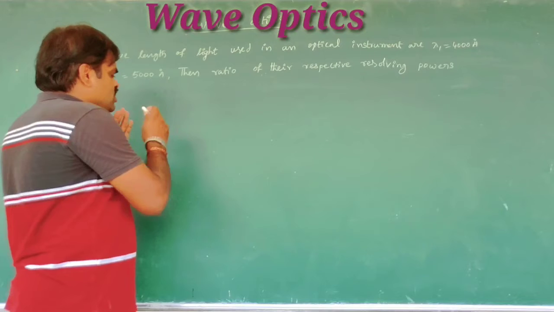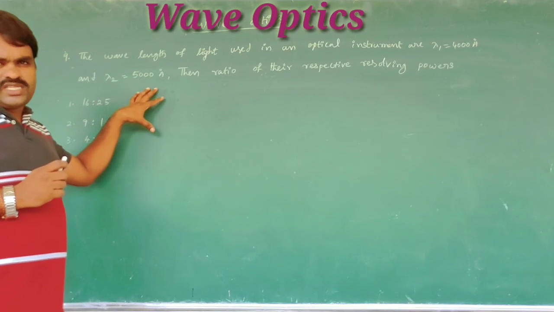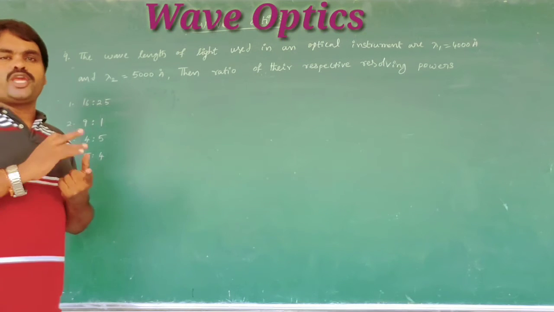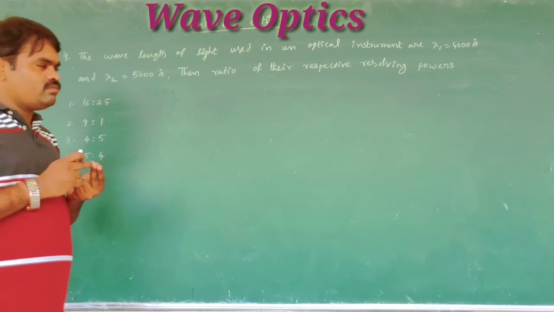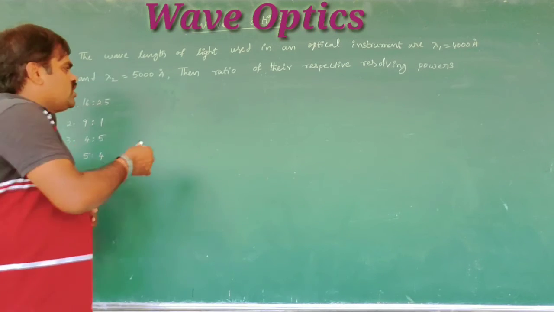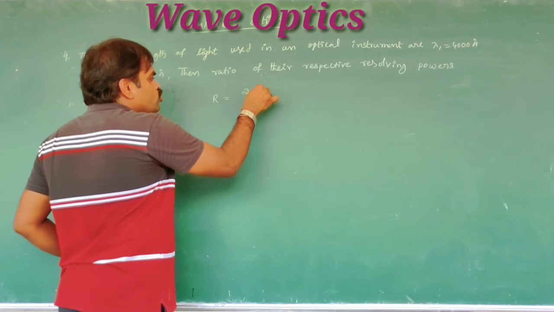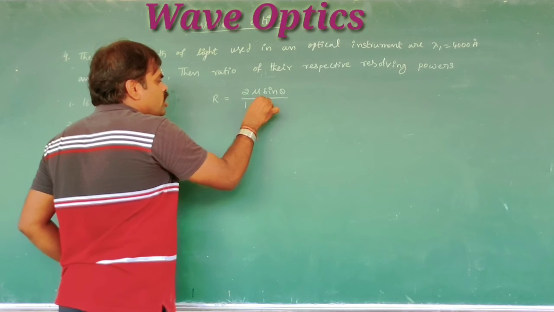Now we know the formulas. First we see, because I expected this question, maybe they are asking the resolving power of a microscope, or maybe the resolving power of a telescope. The resolving power of a microscope is 2 mu sin theta by 1.22 lambda.